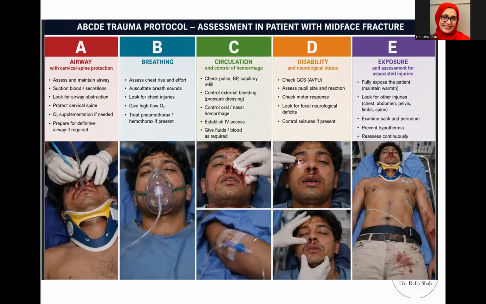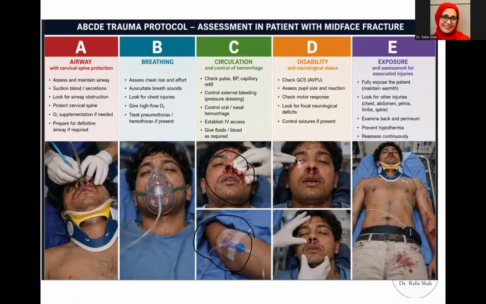Circulation means we need to see the patient's blood pressure, and if the patient is bleeding externally too much, then we need to apply pressure packs in order to stop the bleeding. If needed, we have to maintain the IV line and give fluids to the patient as required.